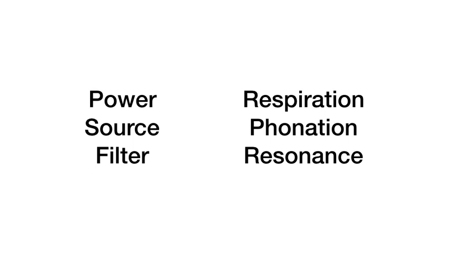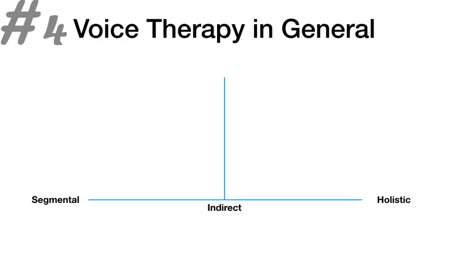Or you might target resonance alone, something like twang or increased oral resonance by opening your mouth a little bit more. So that is segmental, because you work on a single voice component at a time, right?